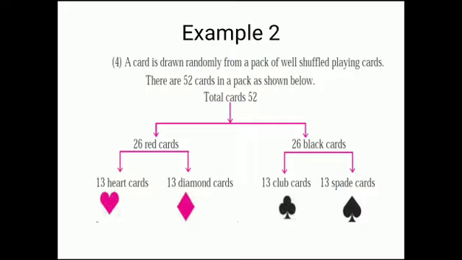Out of that, 26 are red cards and 26 are black cards. Among the 26 red cards, there are 13 heart cards and 13 diamond cards. Among 26 black cards, 13 are club cards and 13 are spade cards.